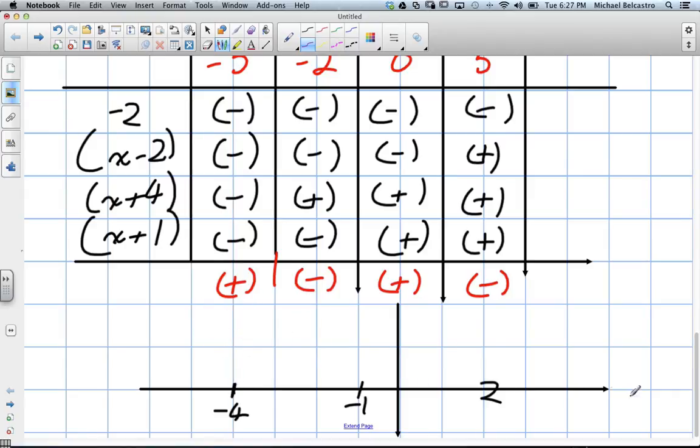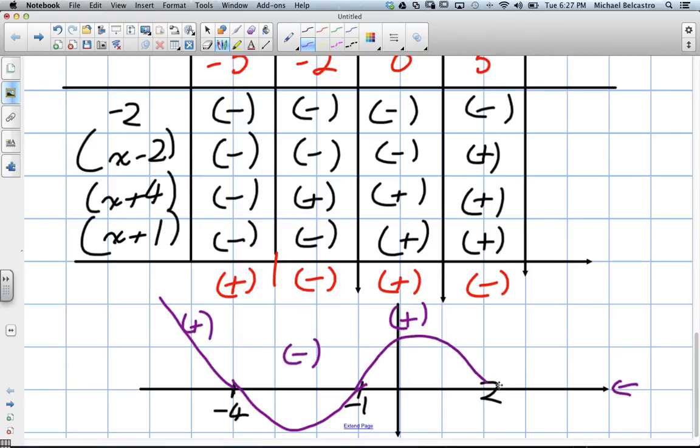So in other words, it's above the x-axis. It's negative in between. It's positive again. So we'll talk about negative here, positive here. It's positive, and then after 2, it's negative again the entire way.